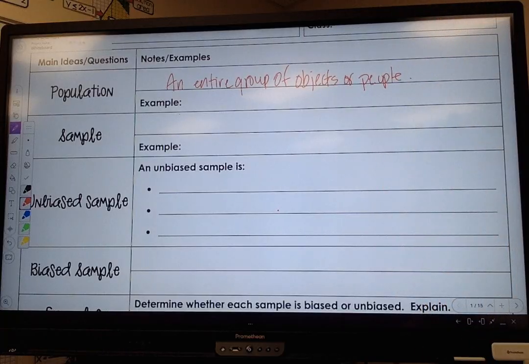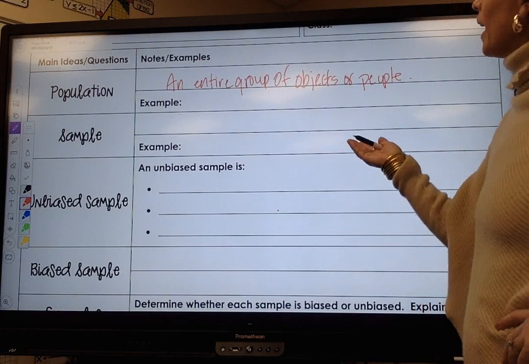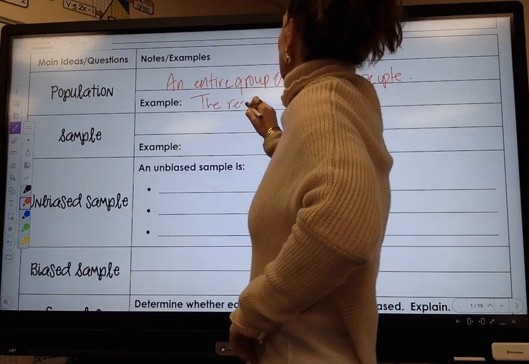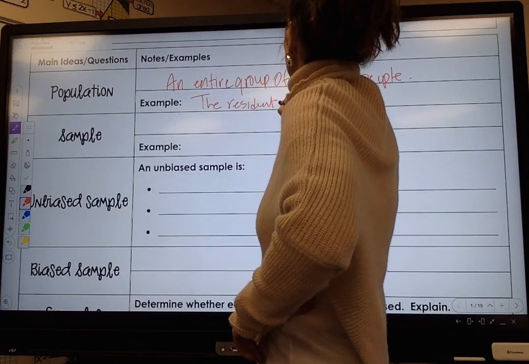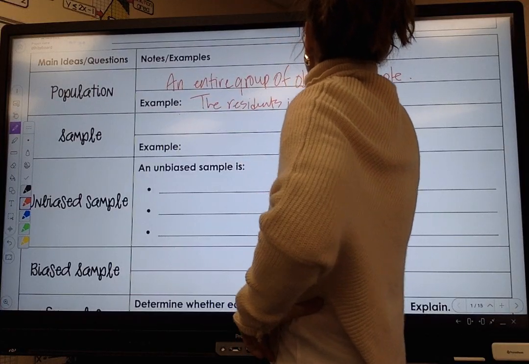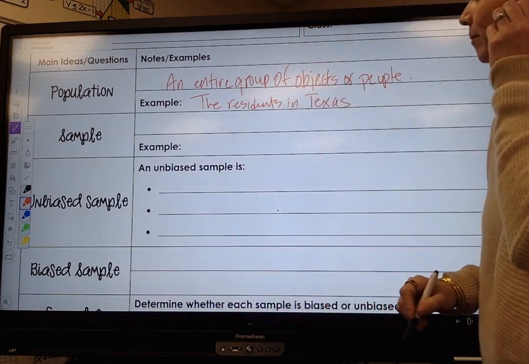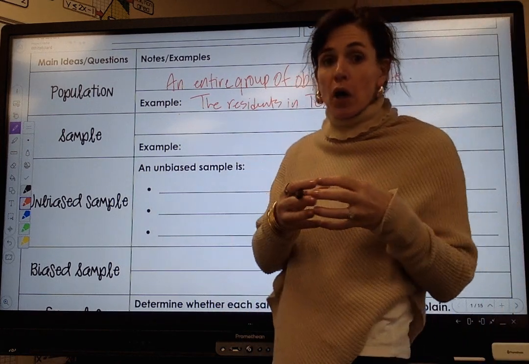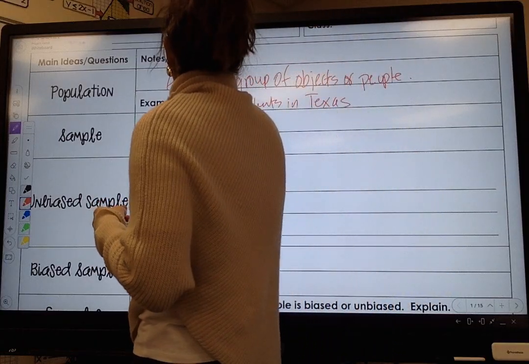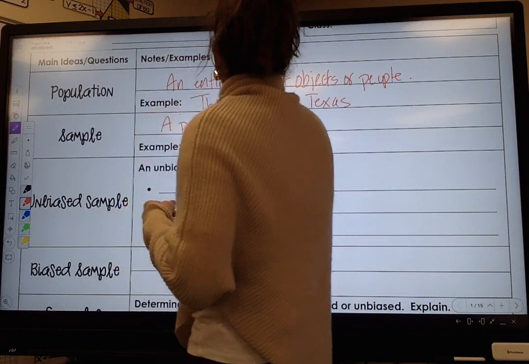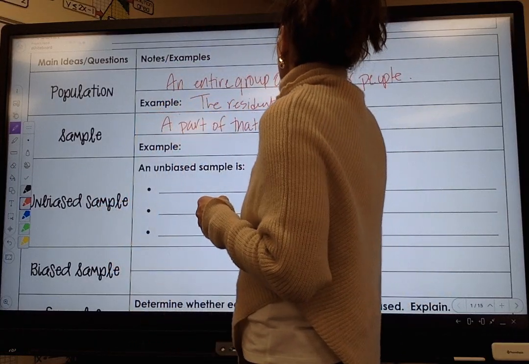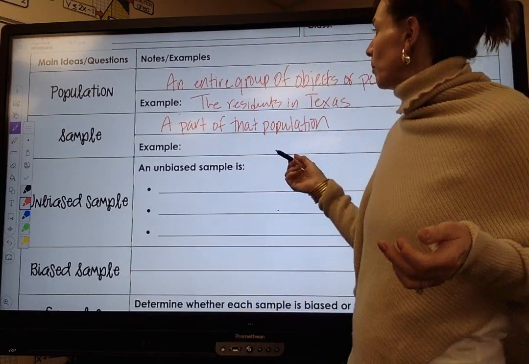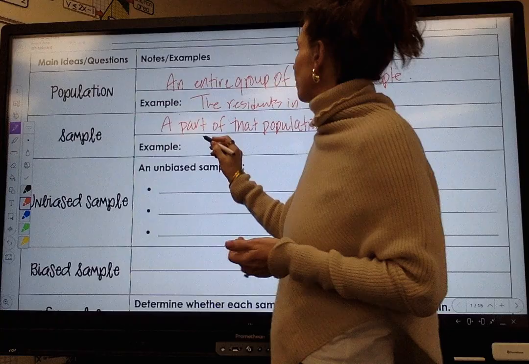An example would be the residents in Texas. Now, what is a sample? A sample is a part of that population. So an example would be the residents in Fort Worth.